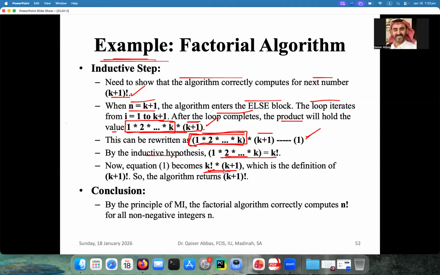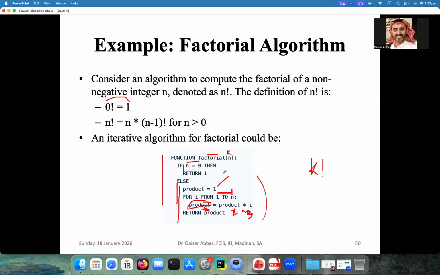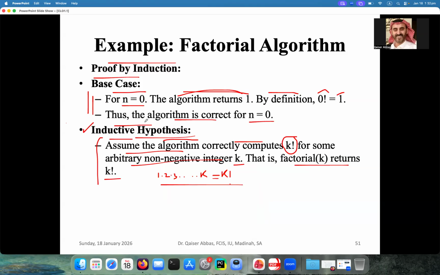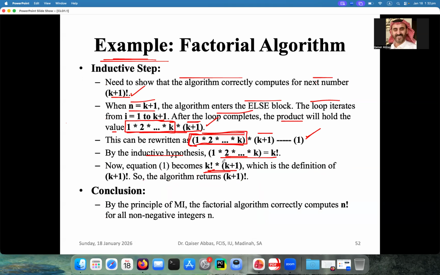What is the definition of factorial? If you see the definition here, n factorial is n multiplied by the previous number's factorial. For example, if n is equal to 5, then 5 multiplied by 4 factorial. This is what it means. And if you look over here, k plus 1 multiplied by the previous number's factorial. Are you seeing that definition here?